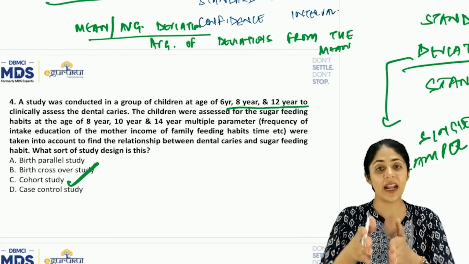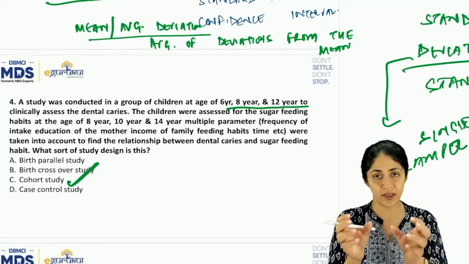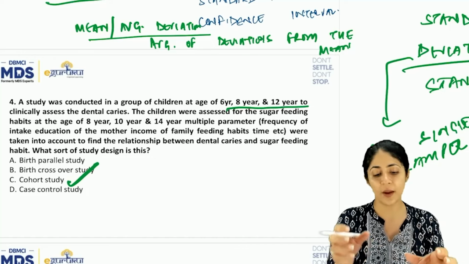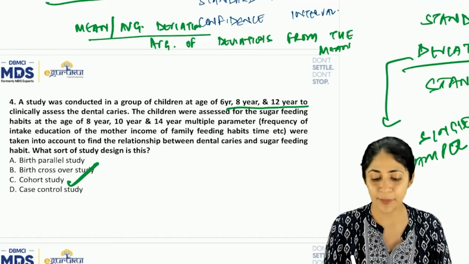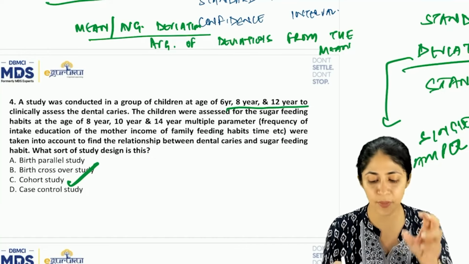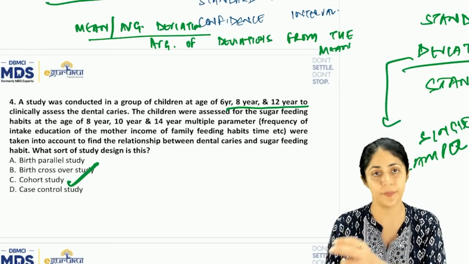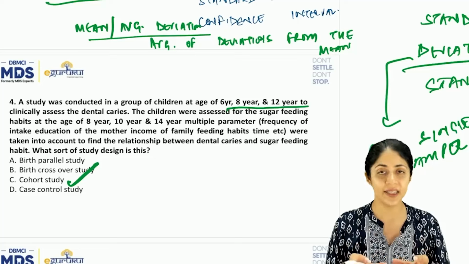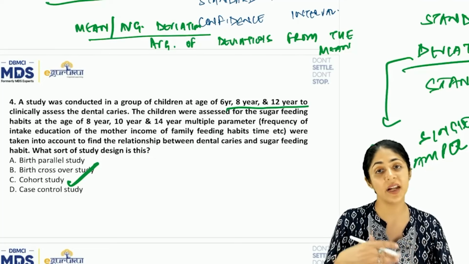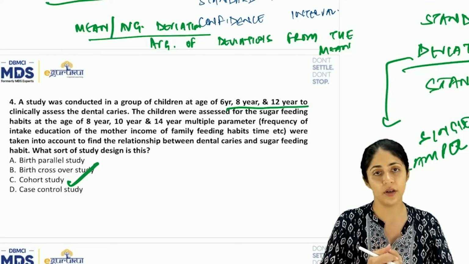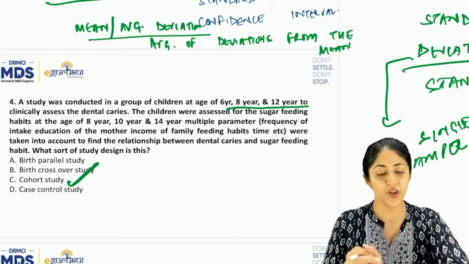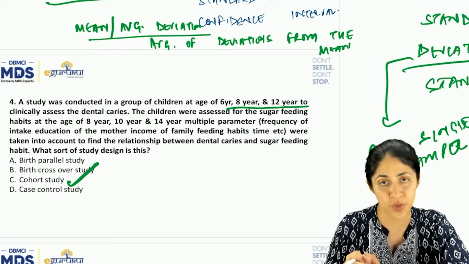For example, in a parallel study, one arm might be assessed for frequency of intake and another arm for education. So a parallel study is one in which each arm is studied for a different pattern. Understood?